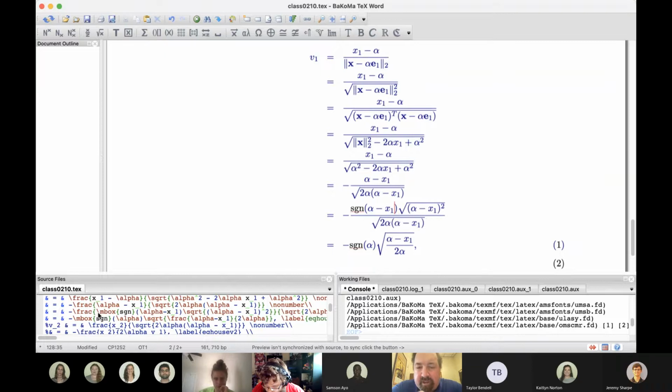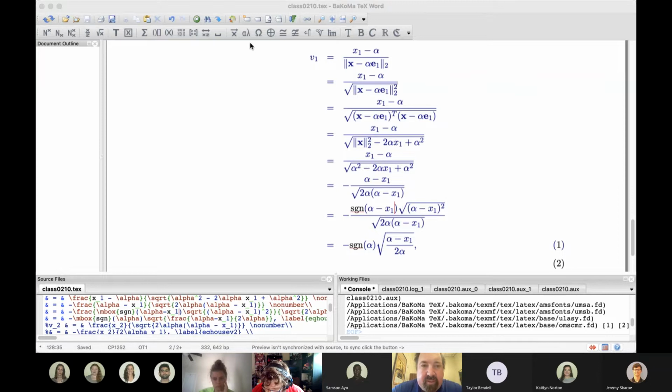But something to keep in mind here is alpha is plus or minus the norm of x, the whole vector x. So if I choose the plus sign, that's going to be greater than x1, so that'd be positive. If I choose a minus sign for alpha, this whole thing will definitely be negative because it's larger in magnitude than x1, because x1 is just a component of x.